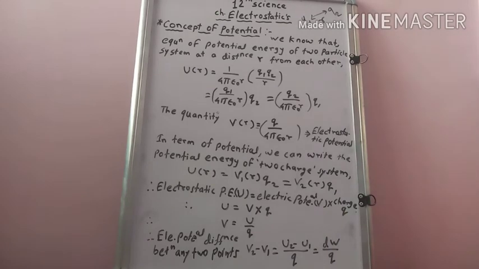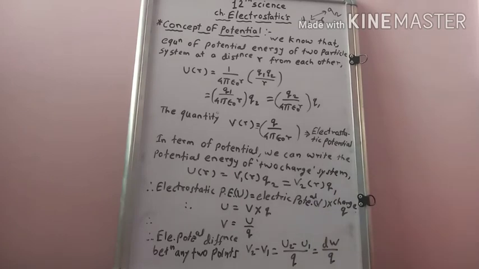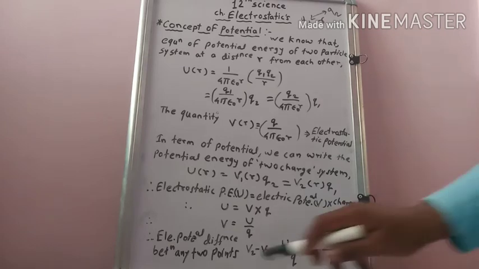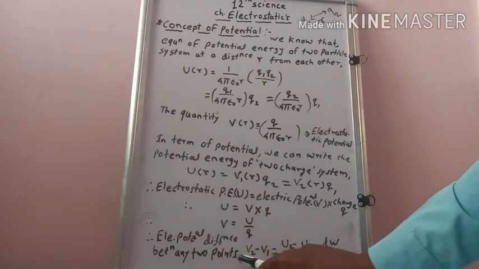And from this electrostatic potential U upon Q, we can write the electrostatic potential difference between any 2 points in an electric field.